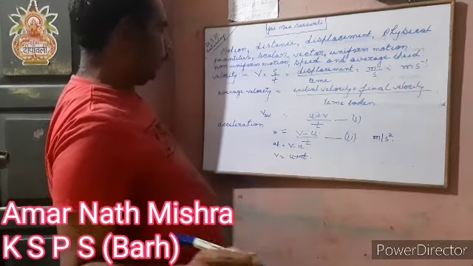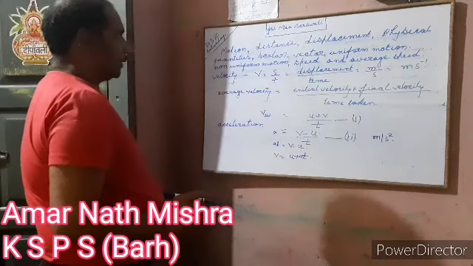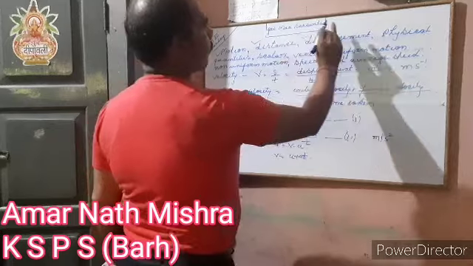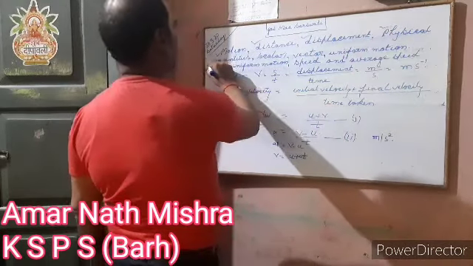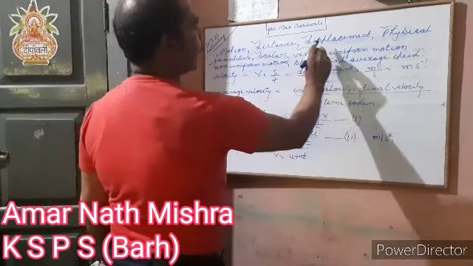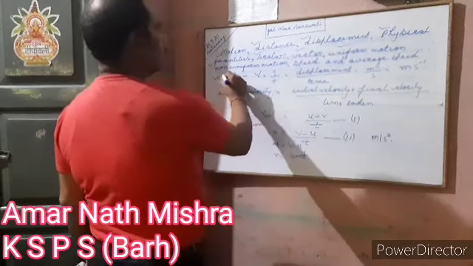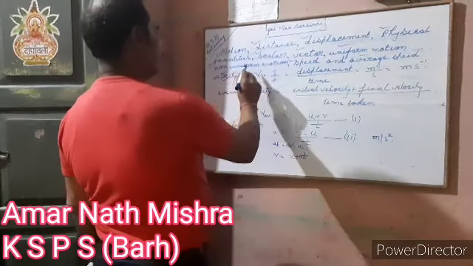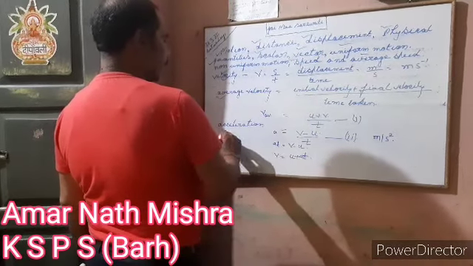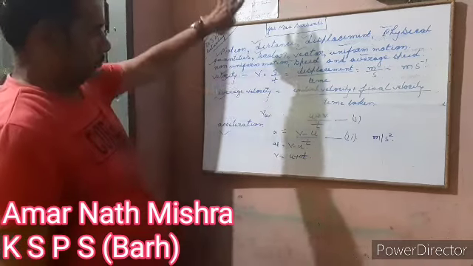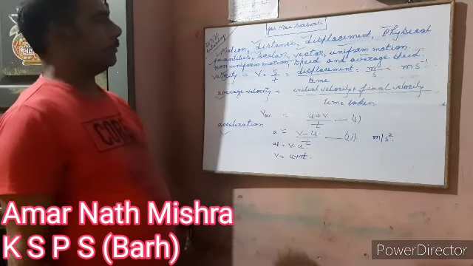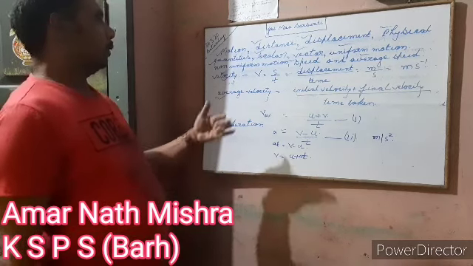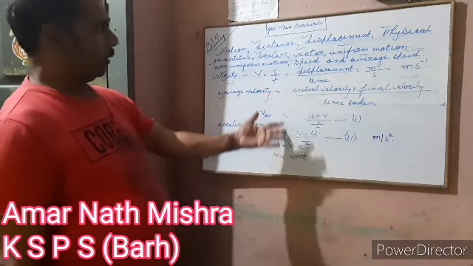So after all, in this first class you have understood motion, distance, displacement, physical quantities, scalar, vector, uniform motion, non-uniform motion, speed, average speed, velocity, average velocity, acceleration. If you understand these terms, no doubt you are going to learn physics smoothly.